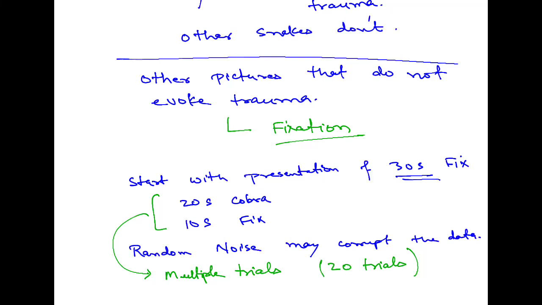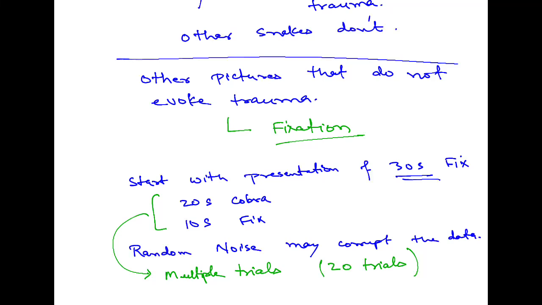What do you mean by randomize the trials? Say we have 5 blocks of these, like first 20 seconds of cobra, 20 seconds of fixation. We randomize for the first 6 sessions: 20 seconds of cobra and 10 seconds of fixation.